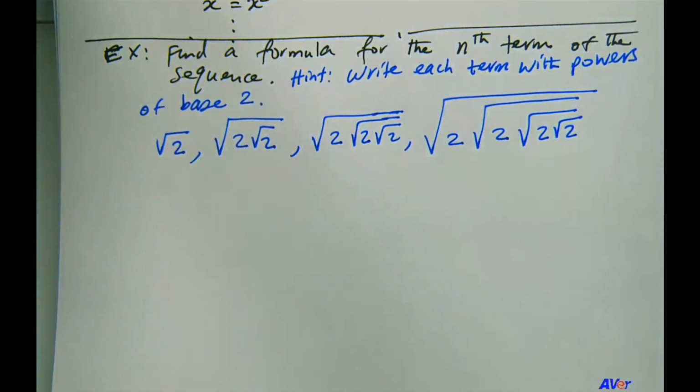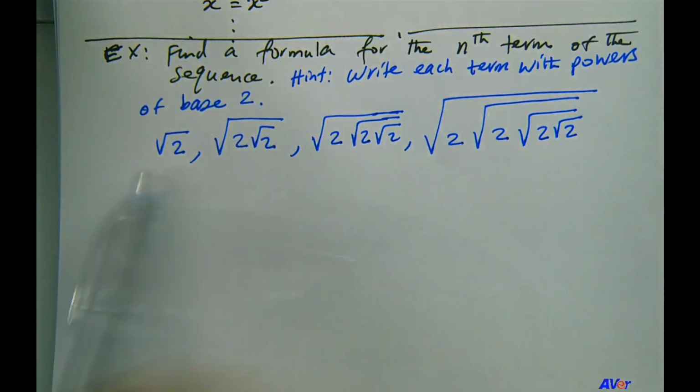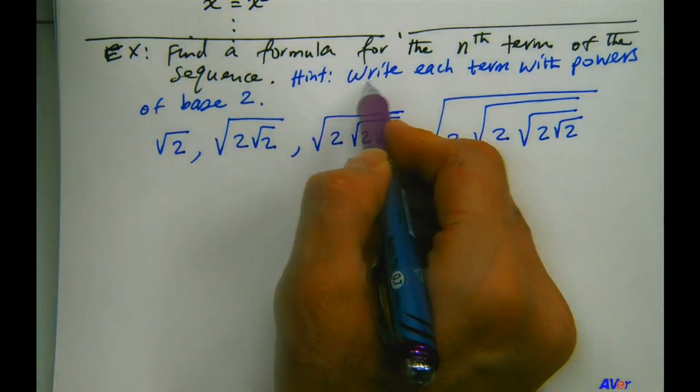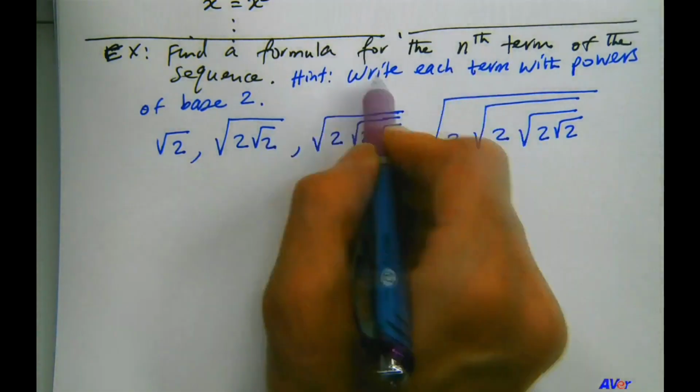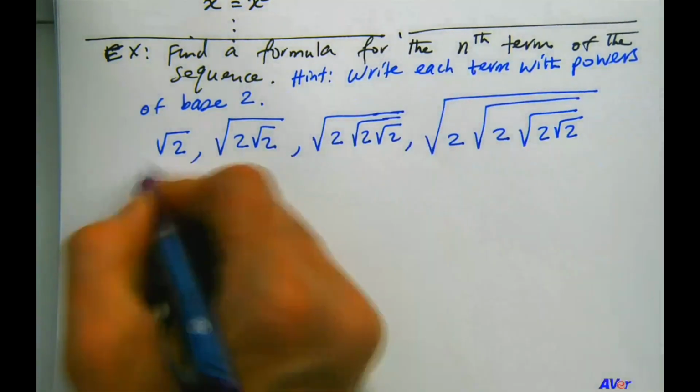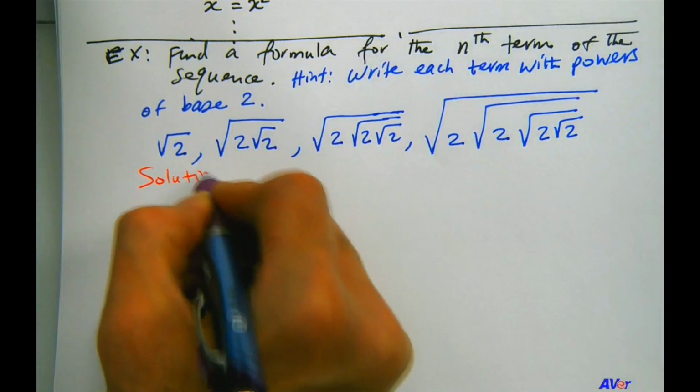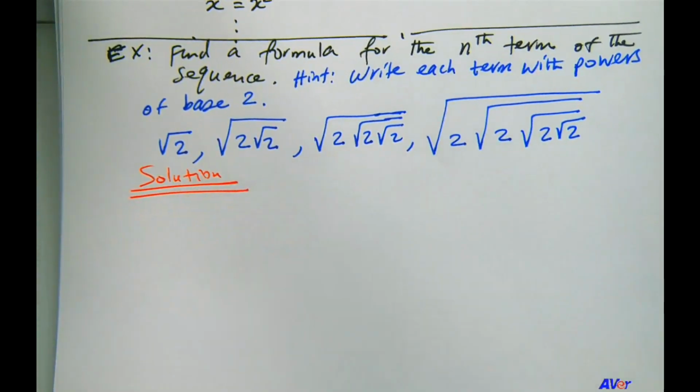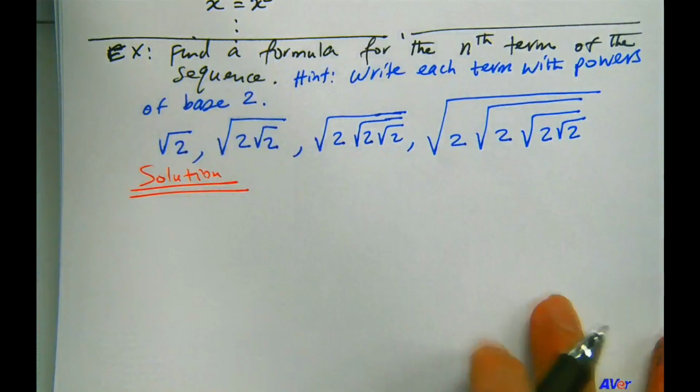Okay. At first, this looks a little bit confusing, but take a look at this hint. This simplifies things, right? Hint: write each term with powers of base 2. So let's do that. That's actually a very helpful hint here.